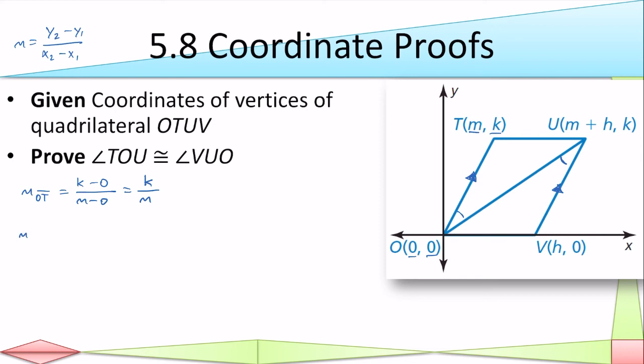Let's do the other segment, VU. So let's find the slope of VU. y2 is k, y1 is 0. x2 is m plus h. x1 is h. So on top k minus 0 is k. On the bottom, h minus h cancels out, and I'm left with m.